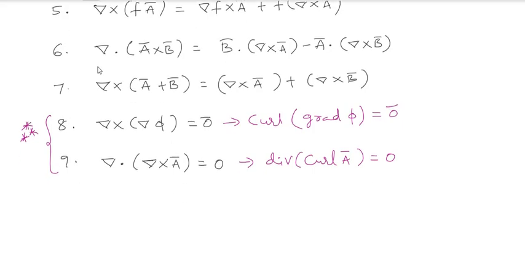Then last one, del cross del cross a bar is equivalent to del of del dot a bar minus del square a bar. It's a Laplacian operator. Am I right or not? So which is nothing but what?